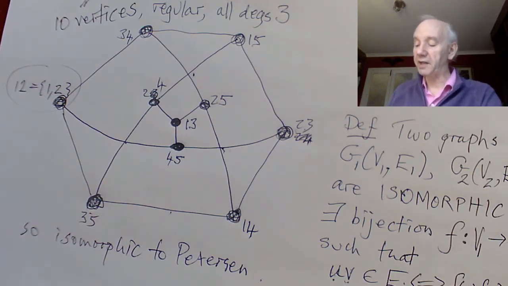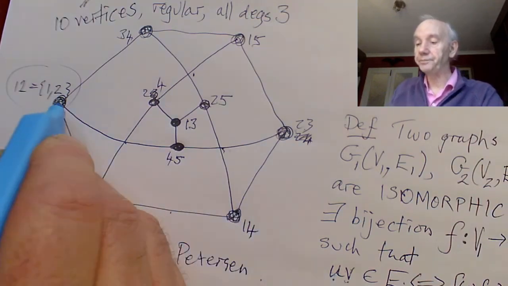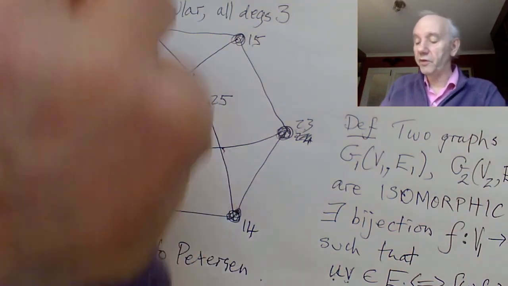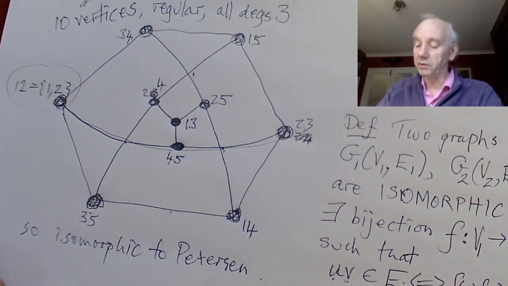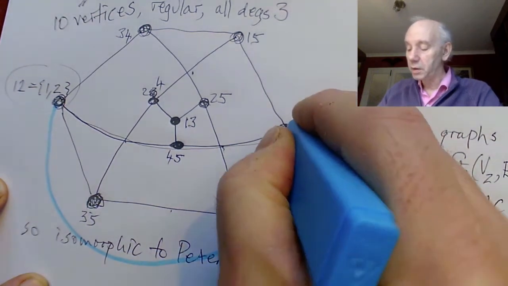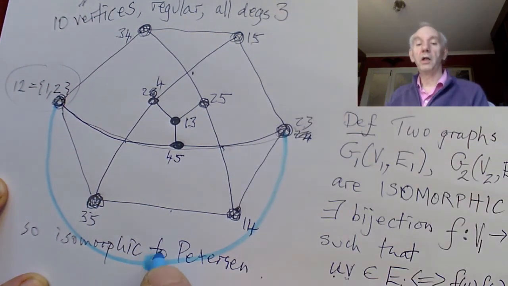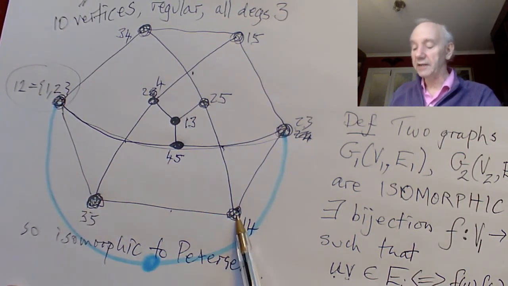And the way I'm going to do that is I'm going to take this edge here, this curved diagonal here, I'm going to bring it outside down the bottom into this blue edge. Okay, so what I've effectively done is I've replaced two vertices by one.